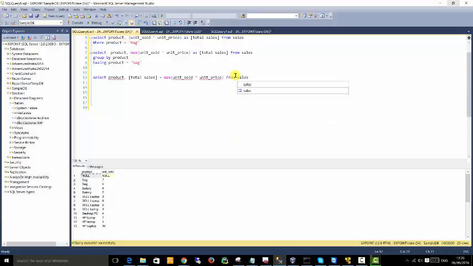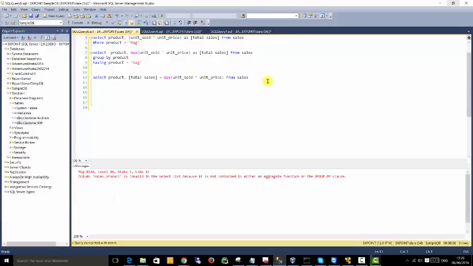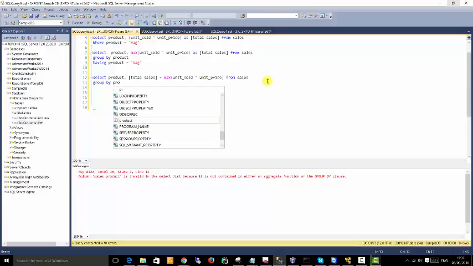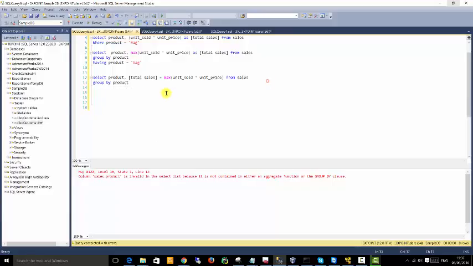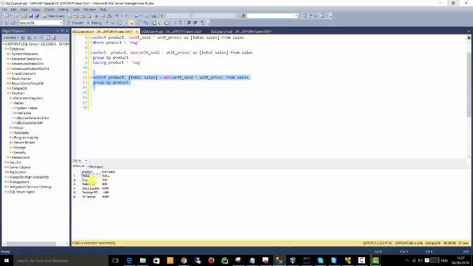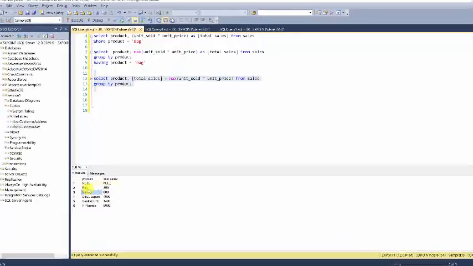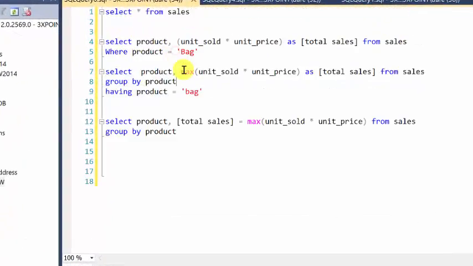From sales. And this will fail, obviously, if we don't introduce the group by. Remember that. So group by product. Now what this is saying is, okay, we want to see all the sales by product, right?